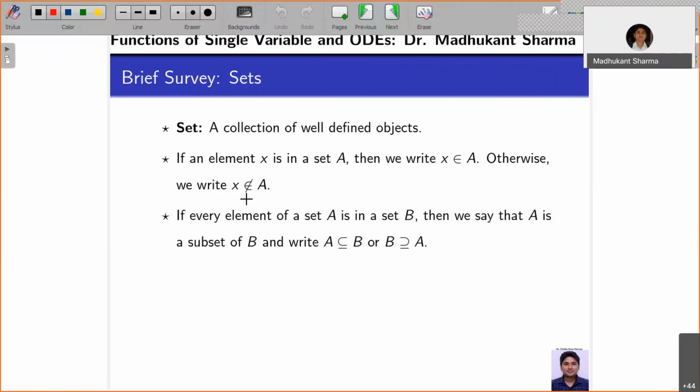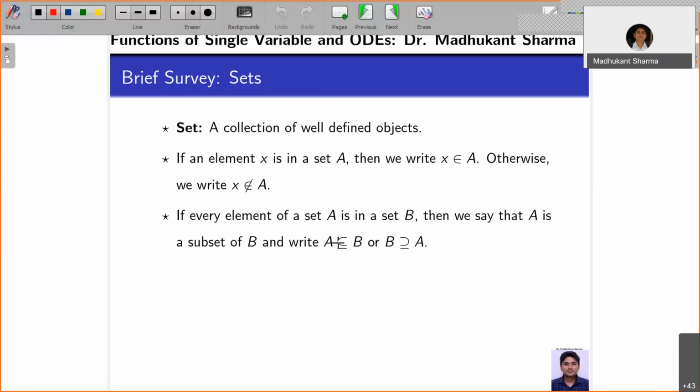If every element of a set A is in a set B, we say that A is a subset of B or B is a superset of A. I hope there is no difficulty in understanding this.